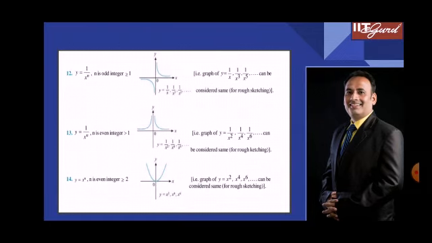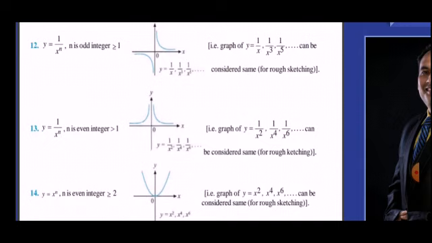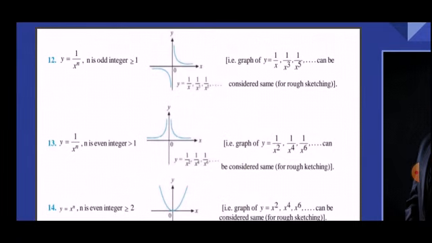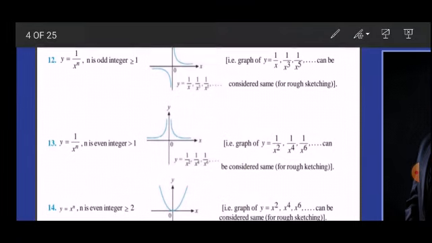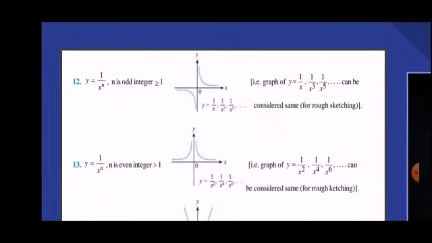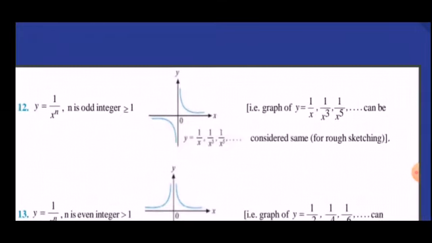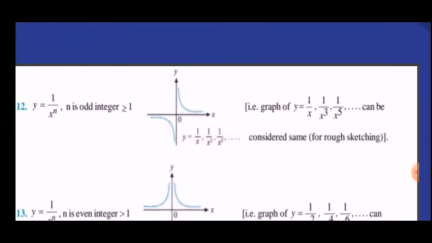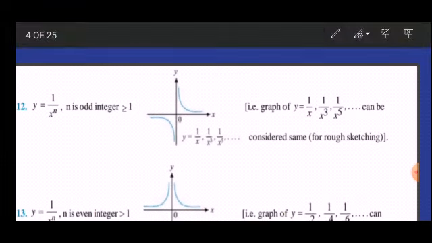One more graph, the 12th part, that is y equal to 1 upon x to the power n. You see here, y equal to 1 upon x to the power n. If n is odd, n is greater or equal to 1, like y equal to 1 upon x, 1 upon x square, 1 upon x cube, this type of graph.